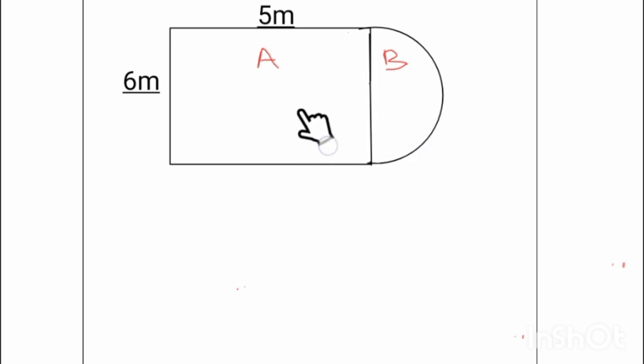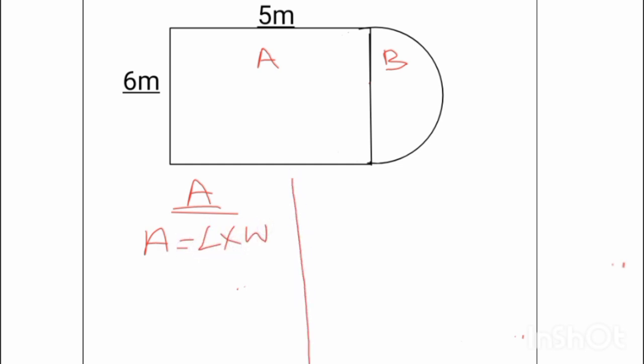So we'll be adding the two areas to get the area of the whole shape. Now for the rectangular portion, part A, the area is the length multiplied by the width. So we'll be applying that formula there.